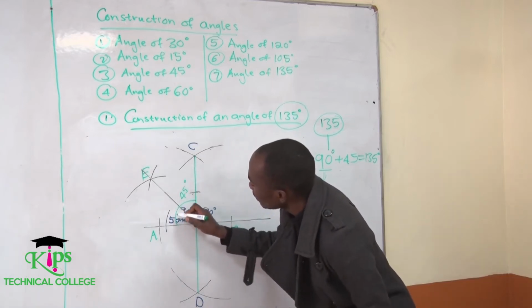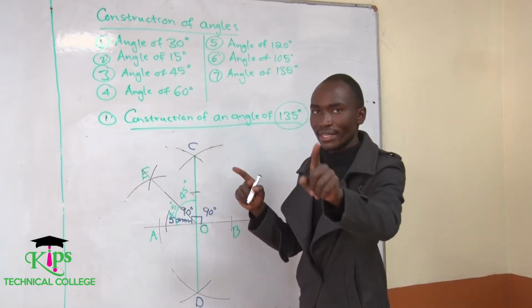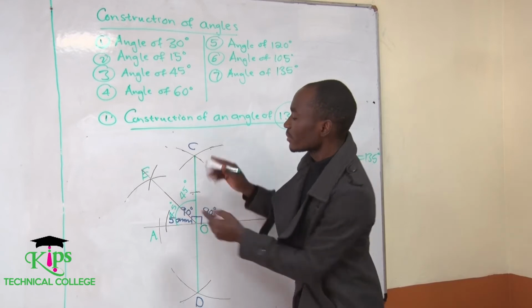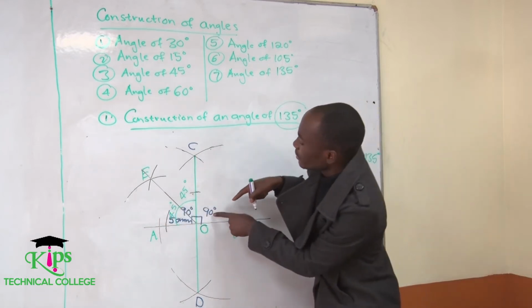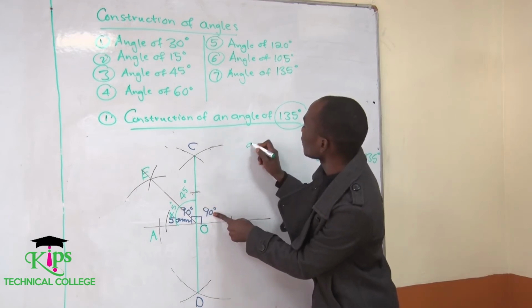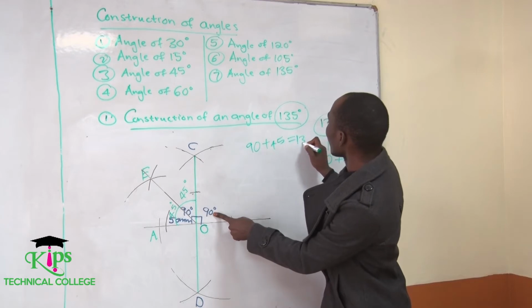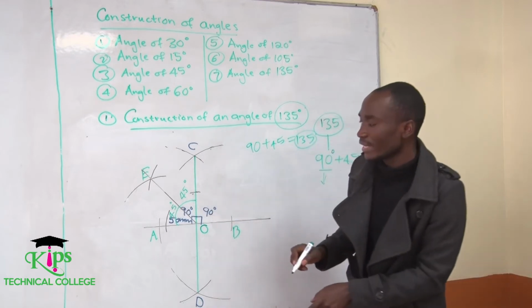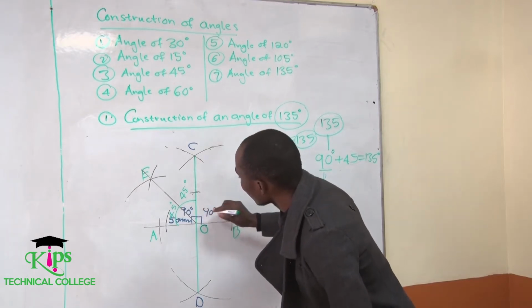This again is 45 degrees, because I have divided the 90 degrees to get 45. The 90 degrees over here, I will add to the 45 to get 135 degrees. So my interest is this angle which is here.